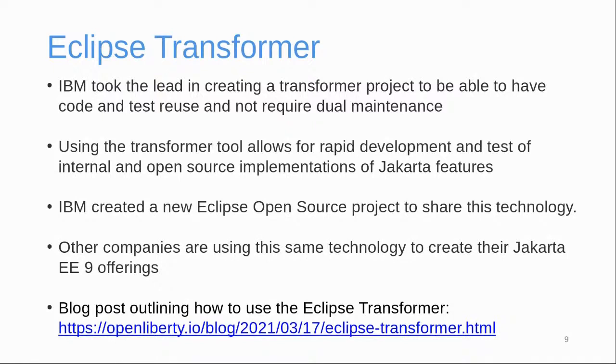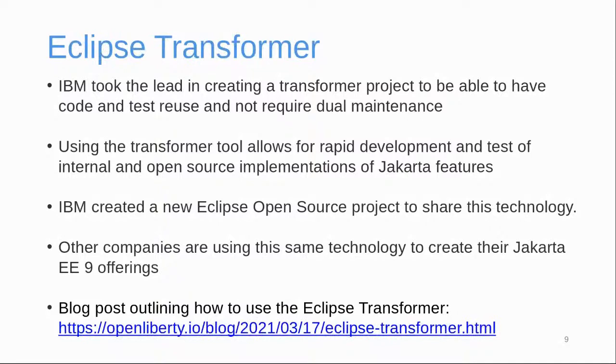That obviously doubles the cost of any maintenance that has to happen. So we took the lead in creating that transformation tool. It allows for rapid development of the actual product code of Liberty, but it also helps with transforming the test cases, so we don't have to duplicate test cases, and you get quick testing of this function as well.